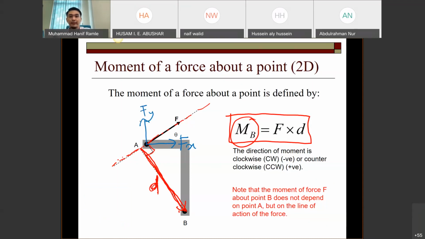Then you calculate the individual moments, meaning in each component.